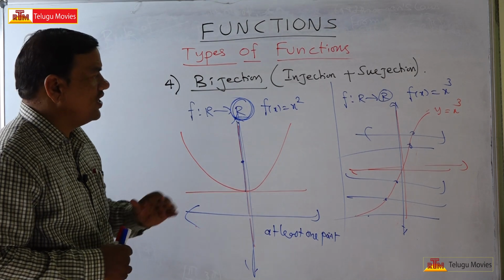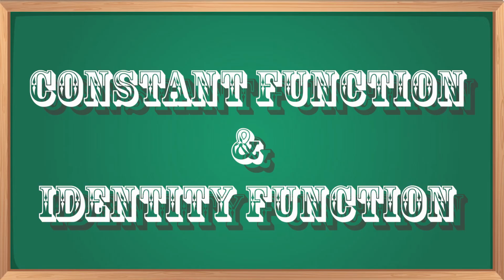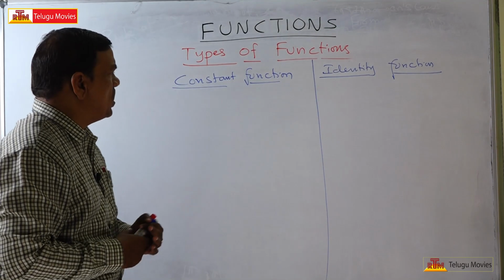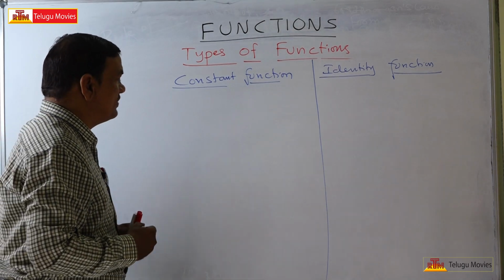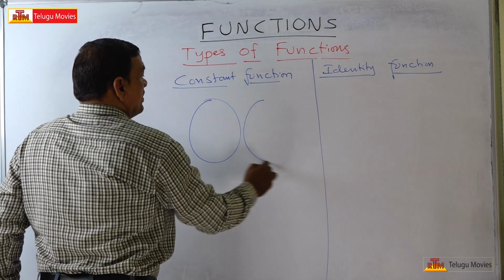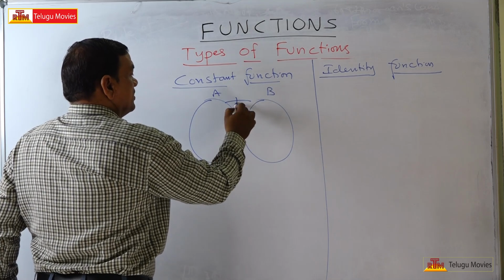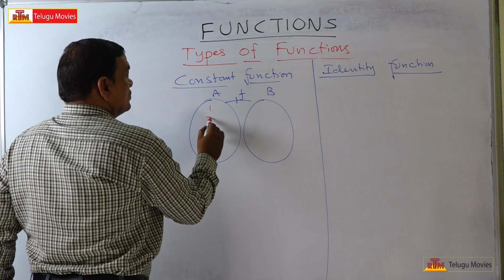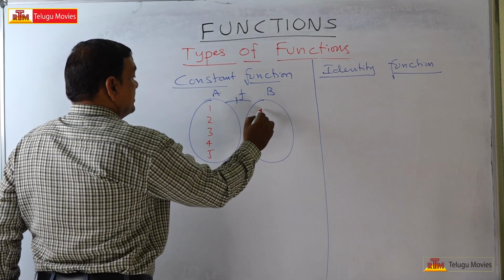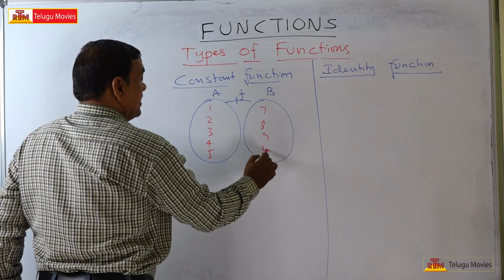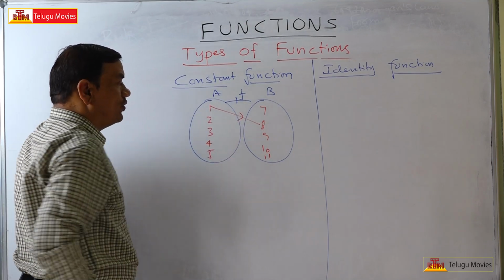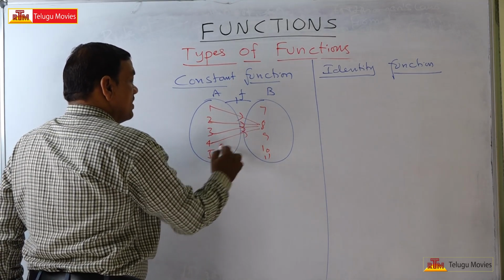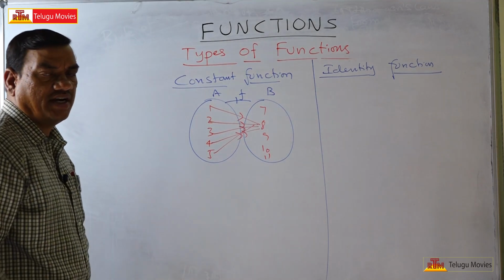Okay, let us go for the next problem. Welcome to constant function and identity function. Constant function: let me give one example. Let A and B be sets and f is a function from A to B. Let A contain the elements 1, 2, 3, 4, 5 and B contain the elements 7, 8, 9, 10, 11. 1 is mapped onto 8, 2 is mapped onto 8, 3 is mapped onto 8, 4 is mapped onto 8, 5 is mapped onto 8, all 8, only a single element.